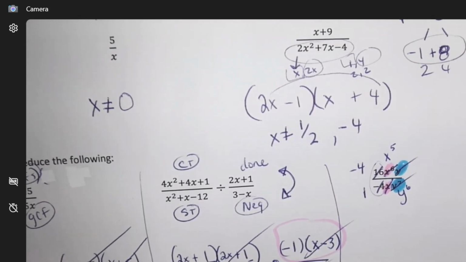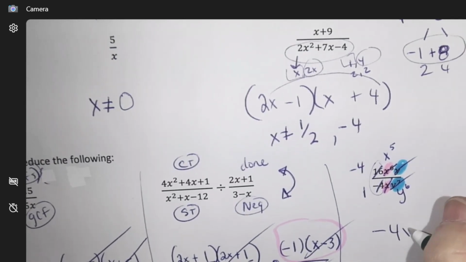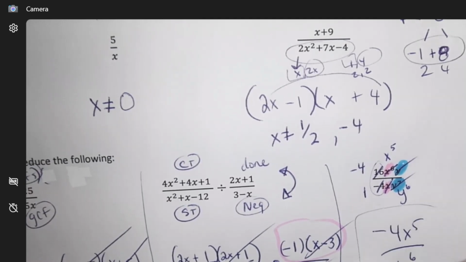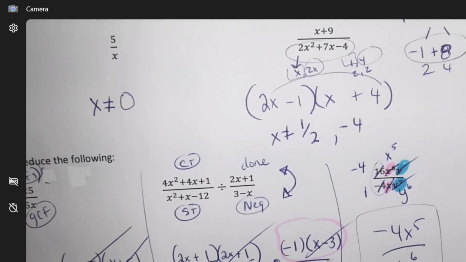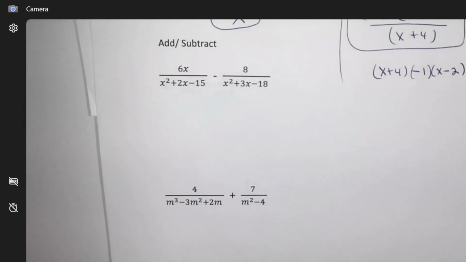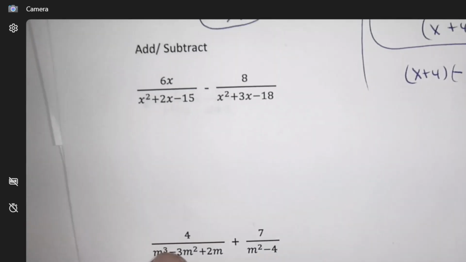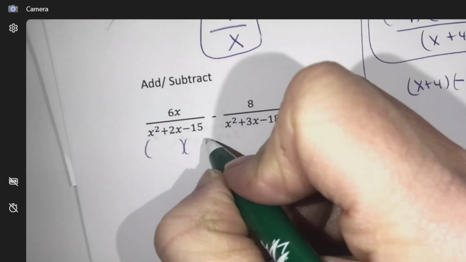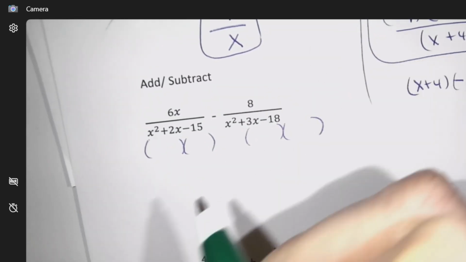So this would become a y6. So after I've canceled, that's what I have left. Okay, adding and subtracting. So you need to make sure everything is factored out first.